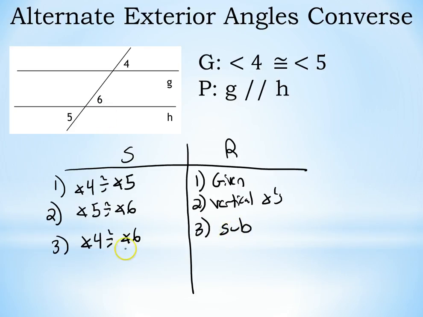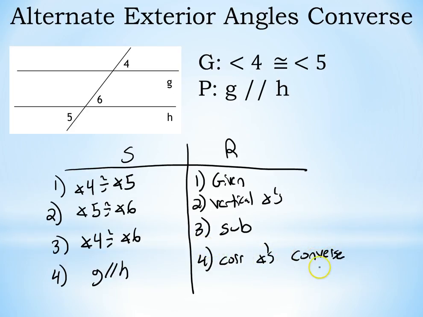And now, because I've found a way to show that 4 and 6, my corresponding angles, are equal by some other method, this tells me then, if corresponding angles are equal, lines are parallel. That's our corresponding angles converse. Very similar proof to the previous one.